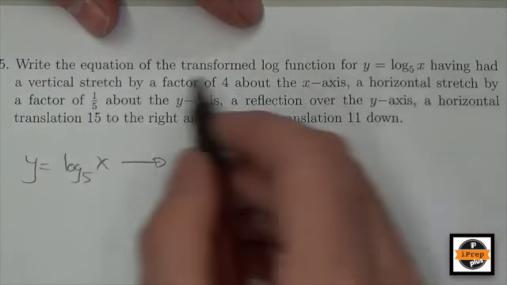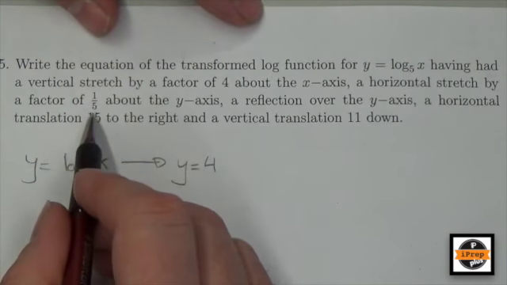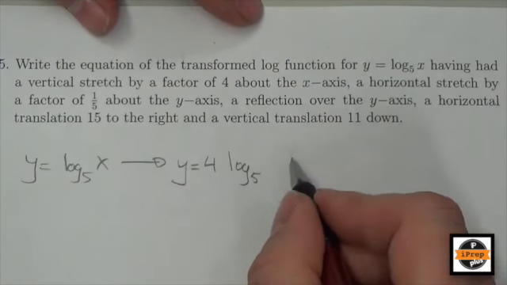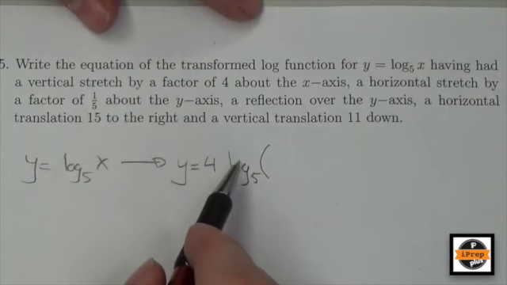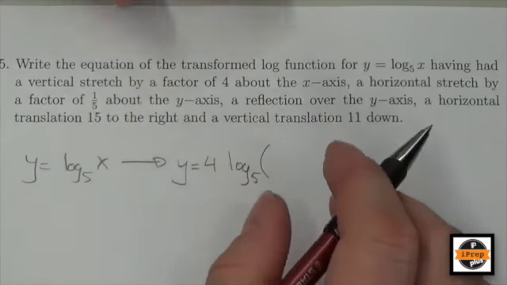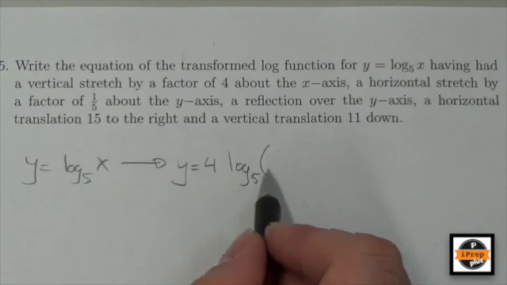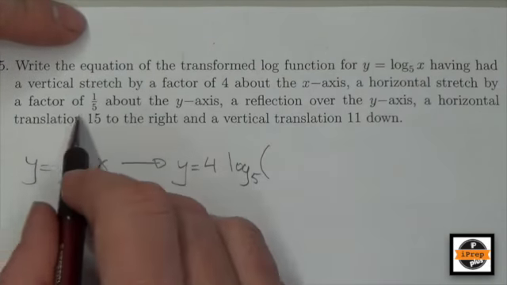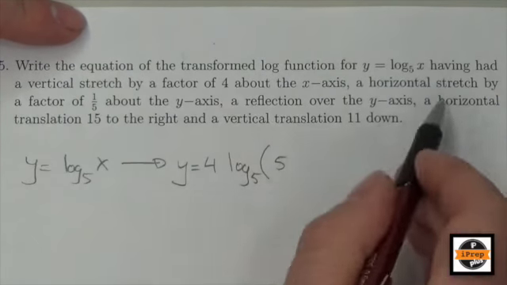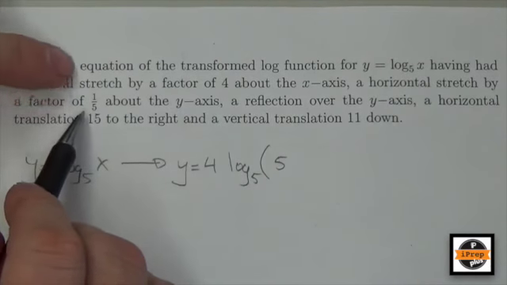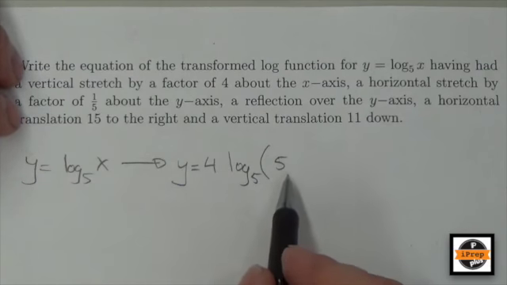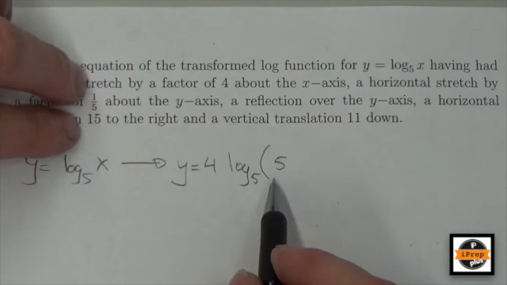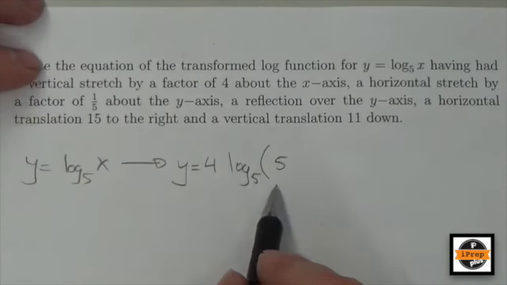It's had a horizontal stretch by a factor of 1/5. So this is now going to be the log base 5 of, whatever it is I'm taking the log of, in terms of the independent variable, I need to multiply that independent variable by a factor of 5 here, because my horizontal stretch is going to be 1/5. Remember, whenever we identify that horizontal stretch, we have to reciprocate it. So if I know that the stretch is 1/5, I have to reciprocate it to put it back in.